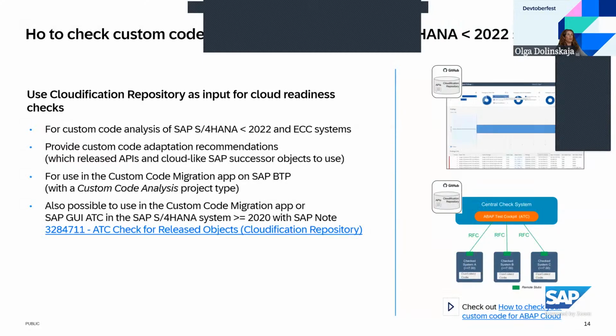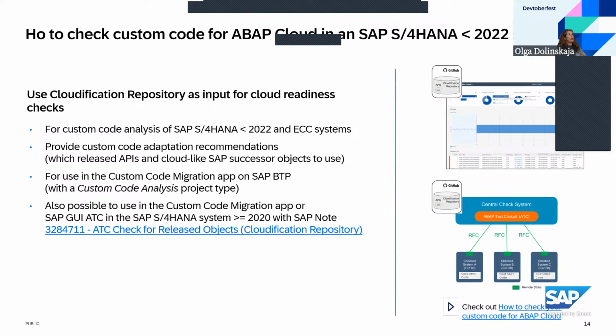So before we continue, just a small remark: how to check your custom code for ABAP Cloud in an older system. For example, if you have an S/4HANA system which is on a lower release than 2022, because as you know, in the 2022 release we enabled developer extensibility, and you can develop with ABAP Cloud and check for released APIs.